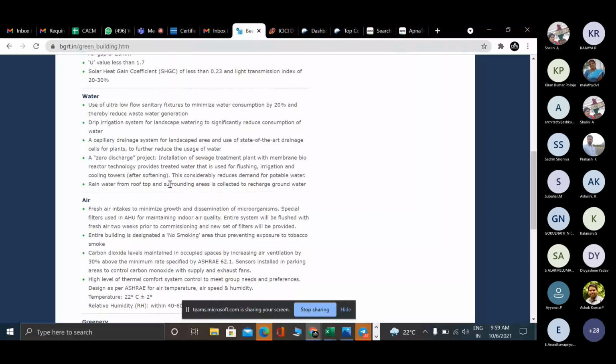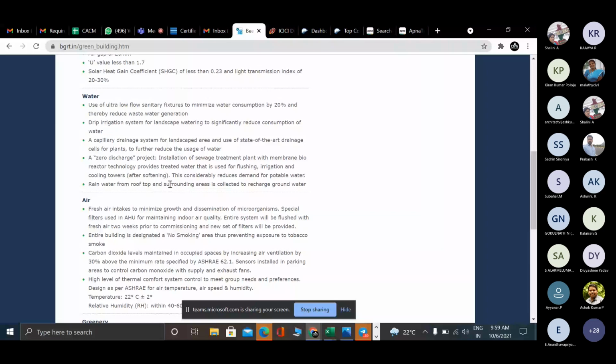And it's a zero discharge project. It means they have installed a sewage treatment plant with the latest membrane MBR technology, and treated water is used for flushing. See, nowadays the government has made it mandatory for each and every building to adopt a dual piping system.